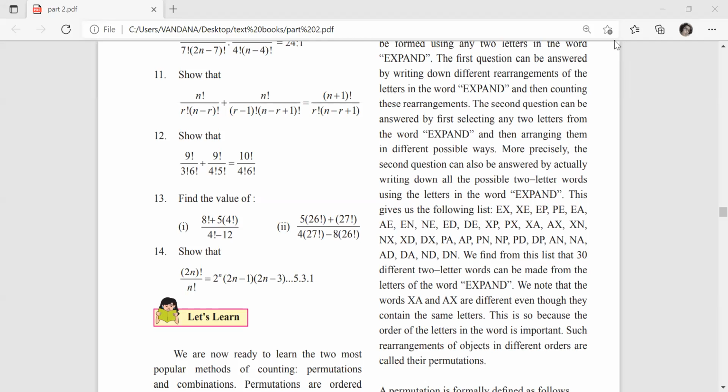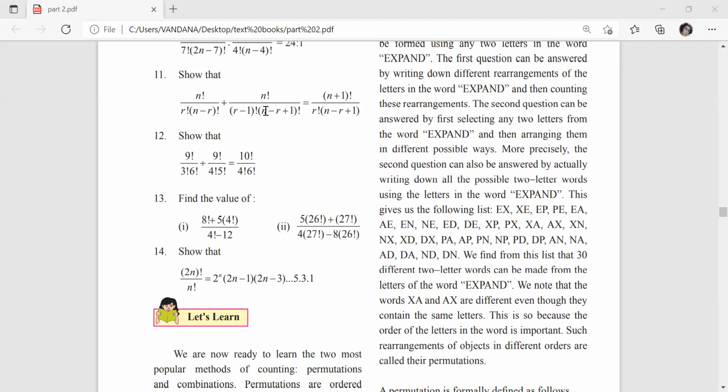Question 12. Show that 9 factorial upon 3 factorial, 6 factorial plus 9 factorial upon 4 factorial, 5 factorial is equal to 10 factorial upon 4 factorial, 6 factorial.